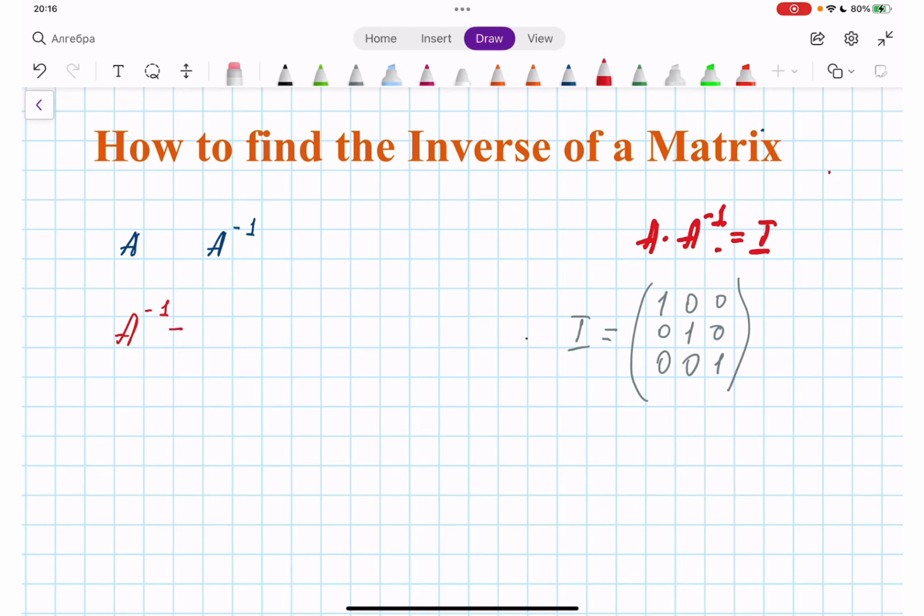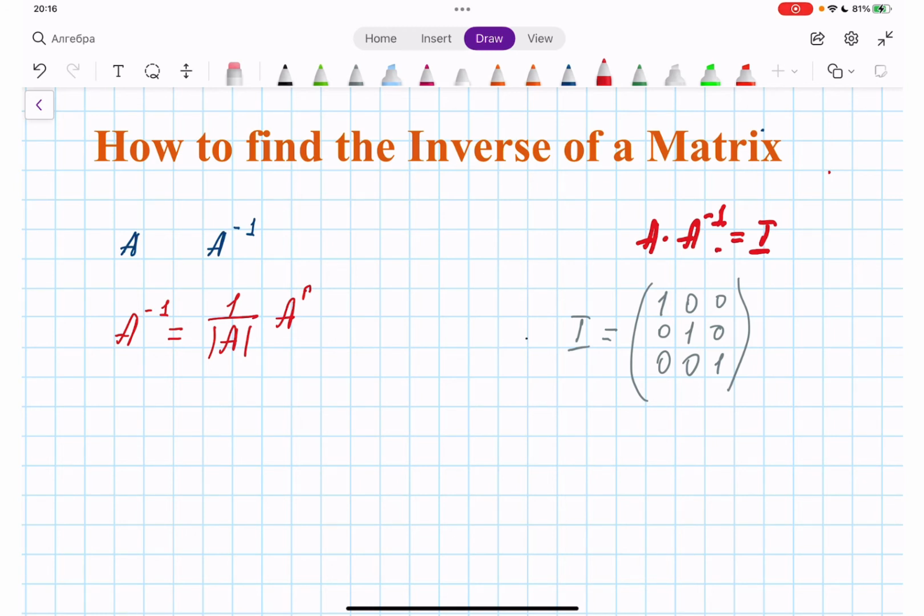A to the power negative 1 is equal to 1 over the determinant, multiplied by the transpose matrix. The concept of an inverse matrix exists only for square matrices.